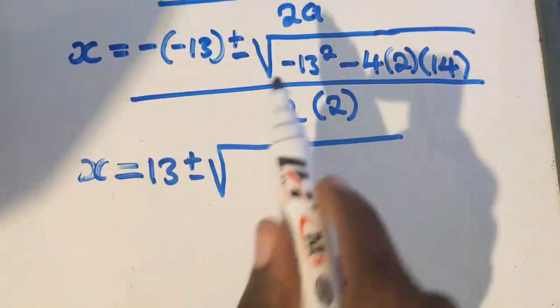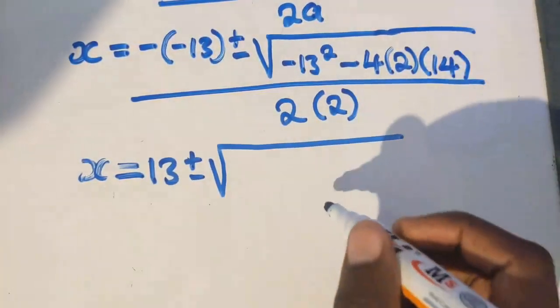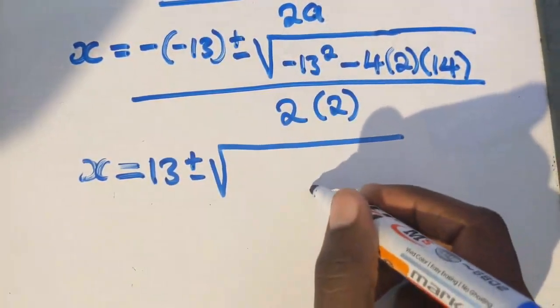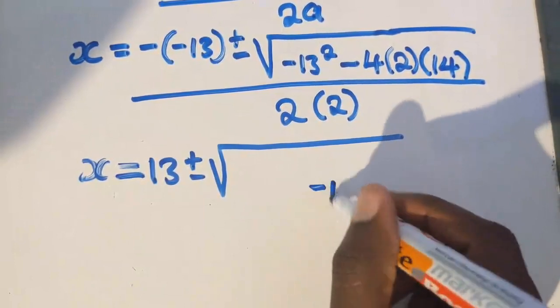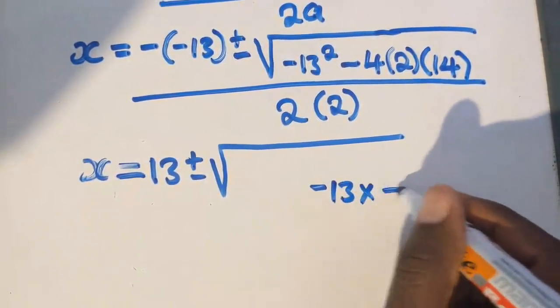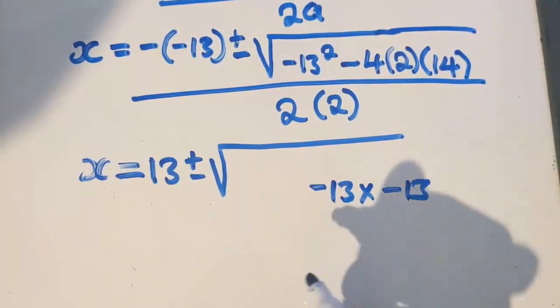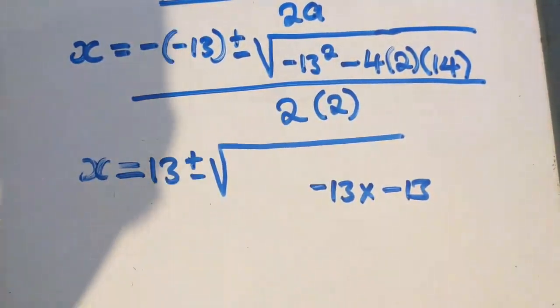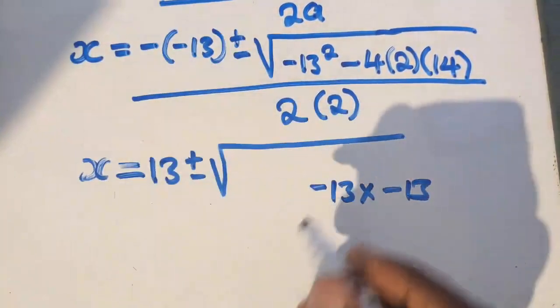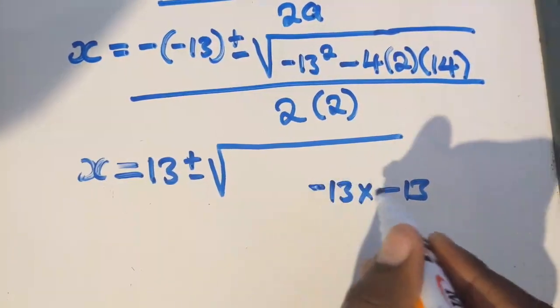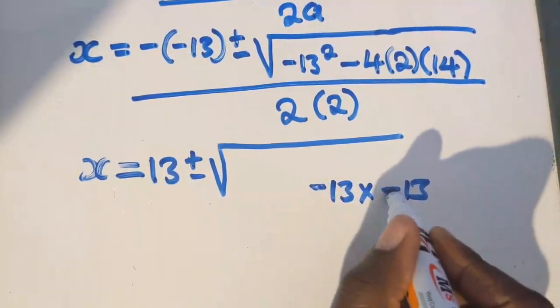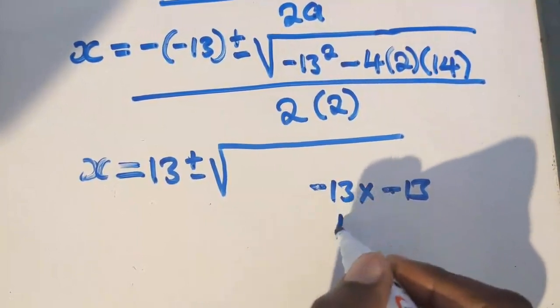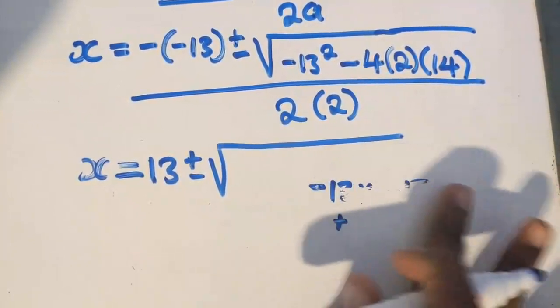This is the number negative 13 times negative 13. What you need to know is that when you square a number that has a negative sign, it becomes positive, because it will be negative times negative, which is positive. Then 13 times 13, that is what it means.